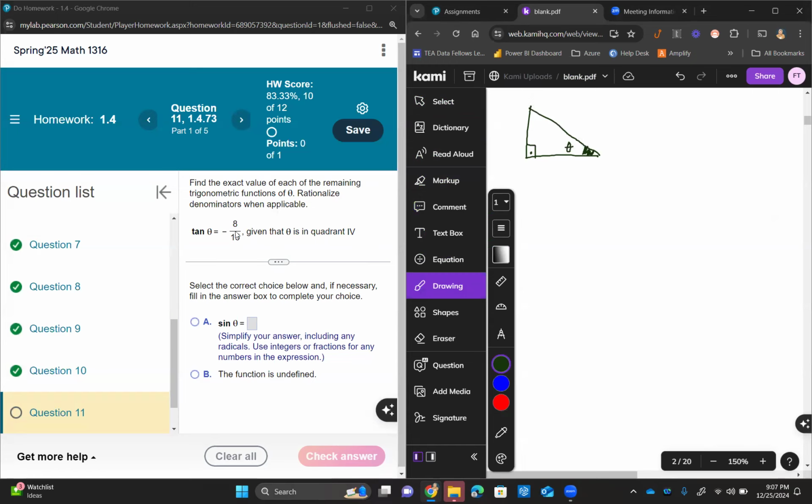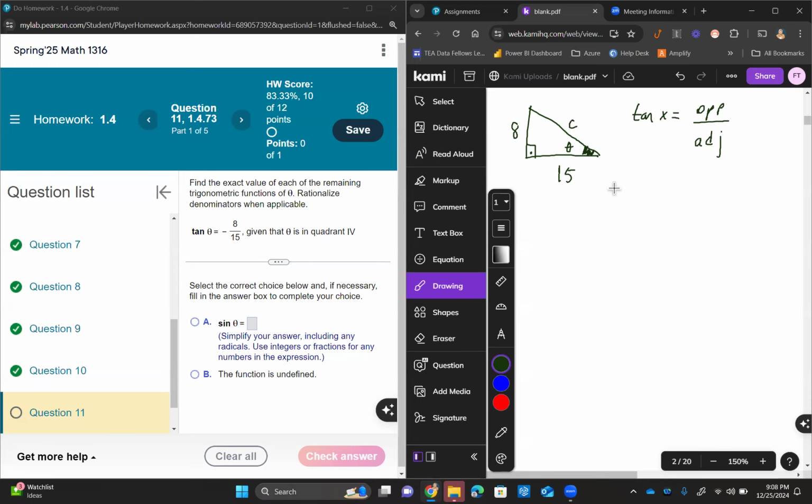Now, the tangent value is given as 8 over 15 if I ignore the sign for a moment. Tangent of any angle is always opposite side divided by adjacent side. So its opposite side is 8 and its adjacent side is 15. For the other trig functions, I still need to find the hypotenuse value. So we need to use the Pythagorean theorem.